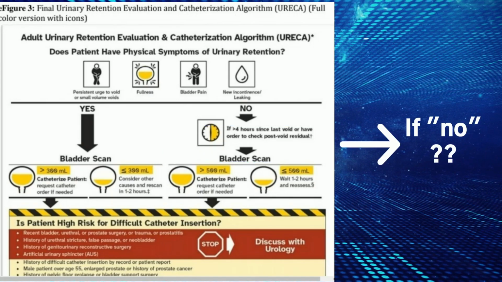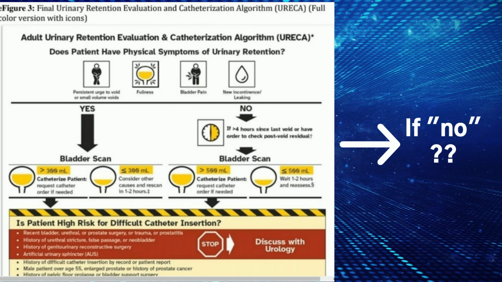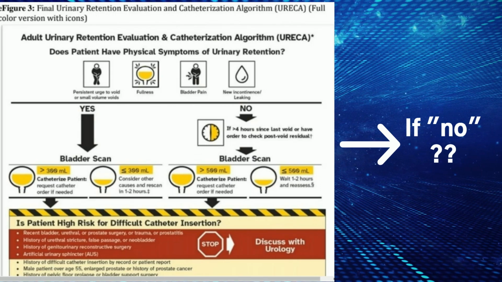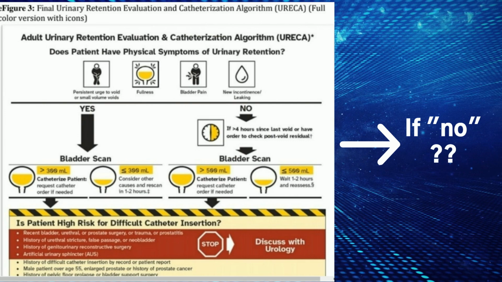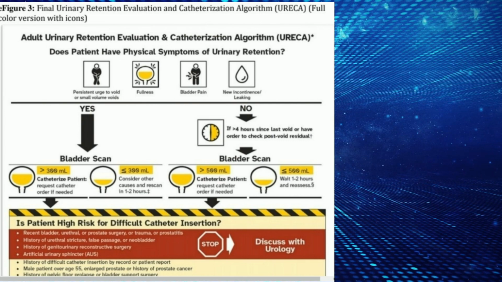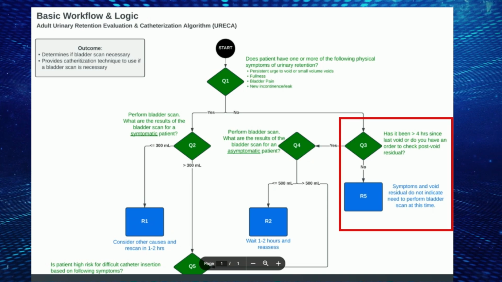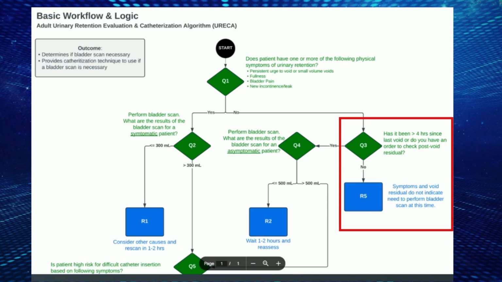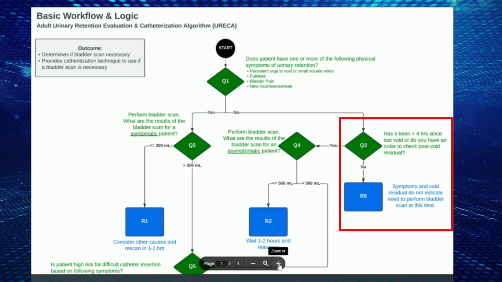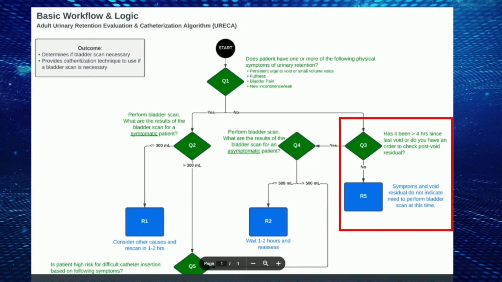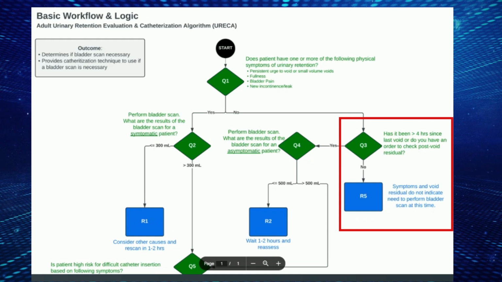But as you can see in this algorithm, if the answer is no, there's no information on what the user is supposed to do. Maybe the logic would conclude that they probably don't need a bladder scan and you would stop. But it's important that in the workflow logic of the app that we've conducted in the Lucid chart, we account for that logical pathway.